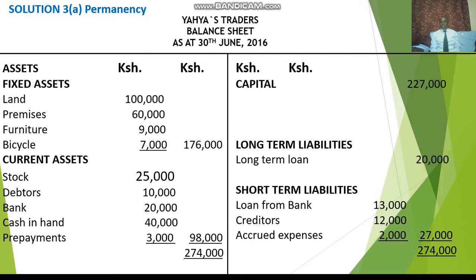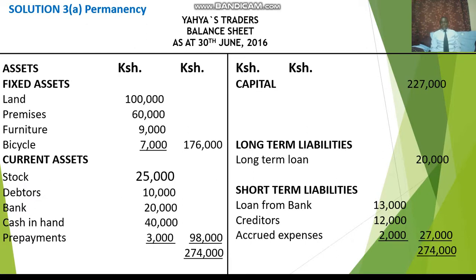When we come to the right hand side, we have capital. Then we have long-term liabilities. That means liabilities that are the most permanent, that cannot be converted into cash easily. We come to short-term liabilities, that's loan from a bank, followed by creditors and accrued expenses.